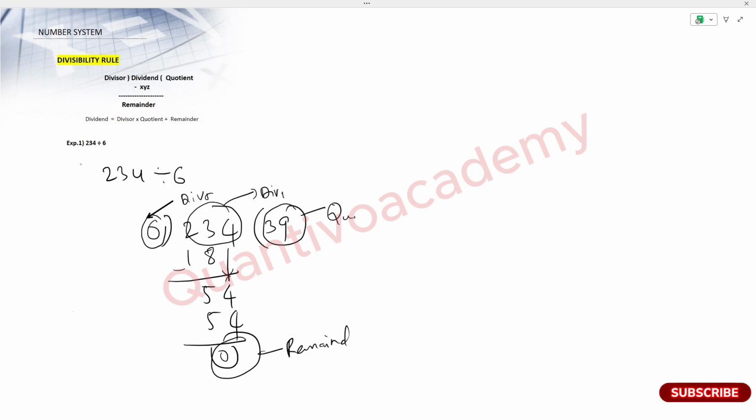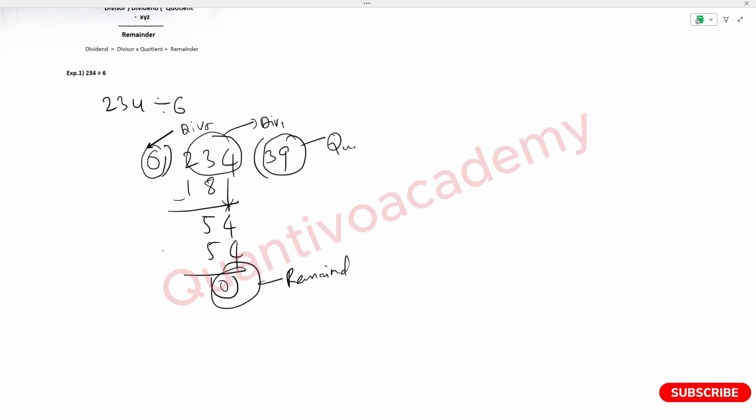Now let's verify this question with the division algorithm. What is the division algorithm? Dividend is equal to divisor into quotient plus remainder.